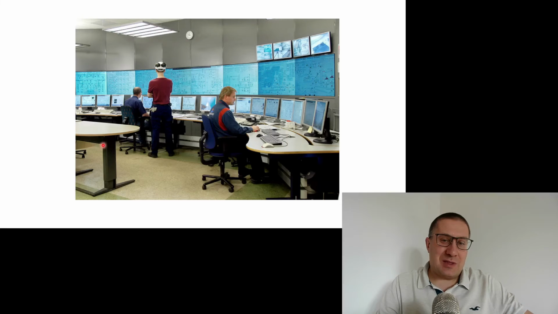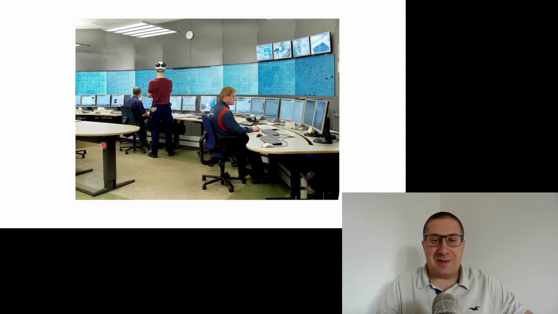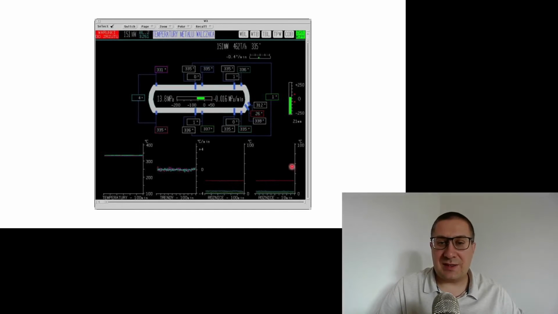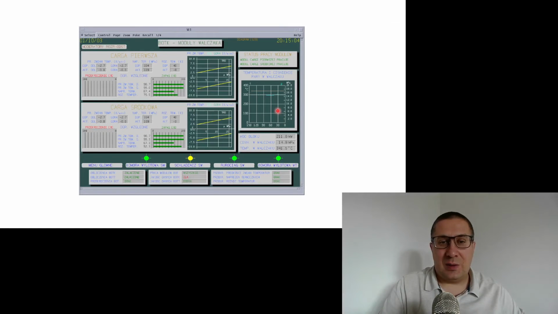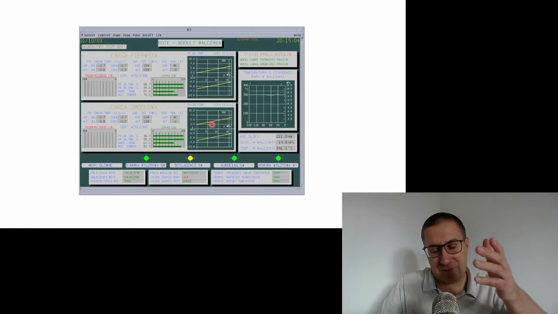Okay, maybe I will show you some examples, right? So we can have such visualizations. We can even have such visualizations. This is a very old one, but still informative, right? We can see what are the temperatures in a drum, some trends, etc. We can also present some more sophisticated things in such graphics.